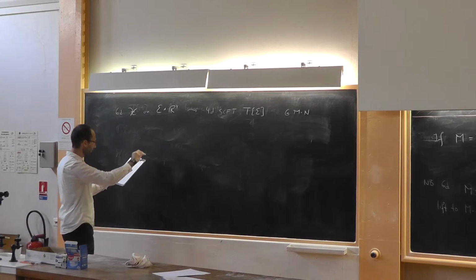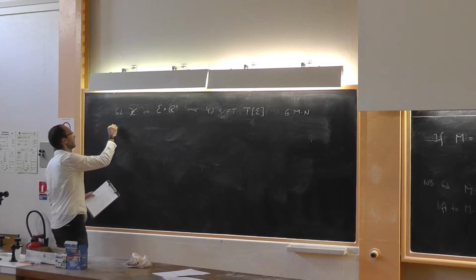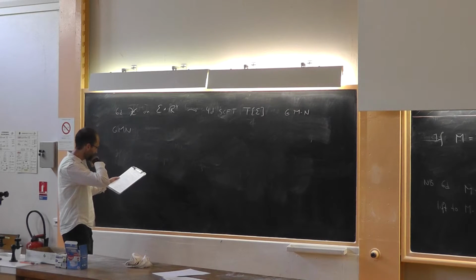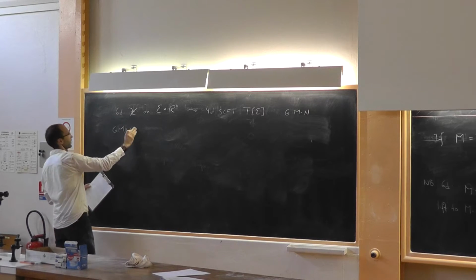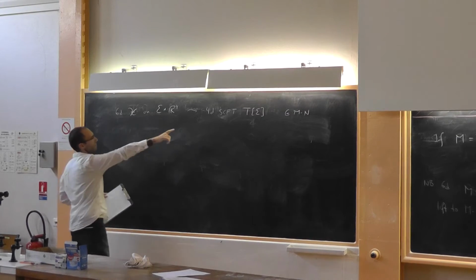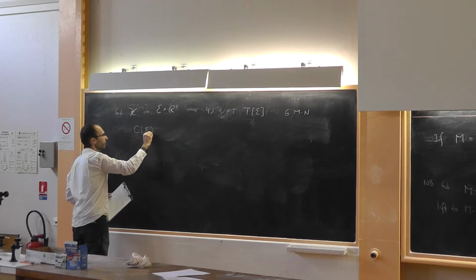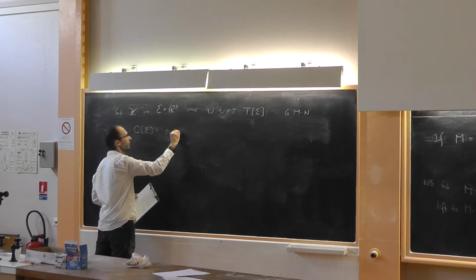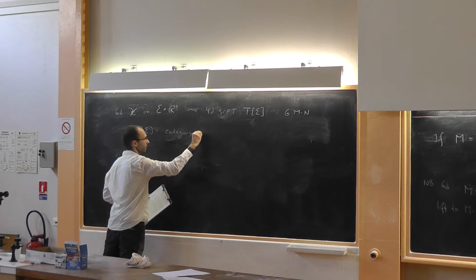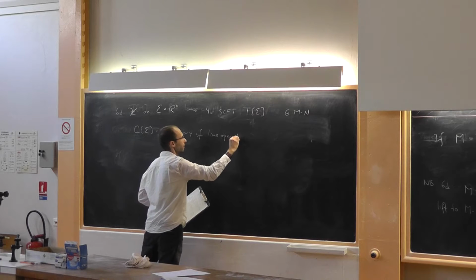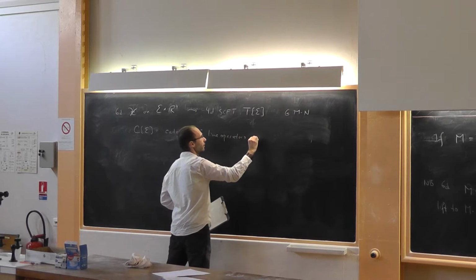And one of the main results of GMN, this is where the category C of sigma comes from. So C sigma is supposed to be the category of line operators in T of sigma.